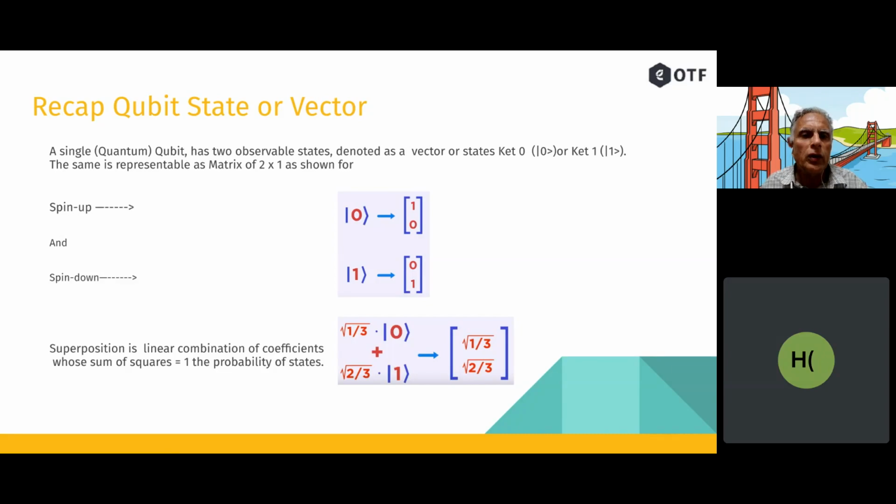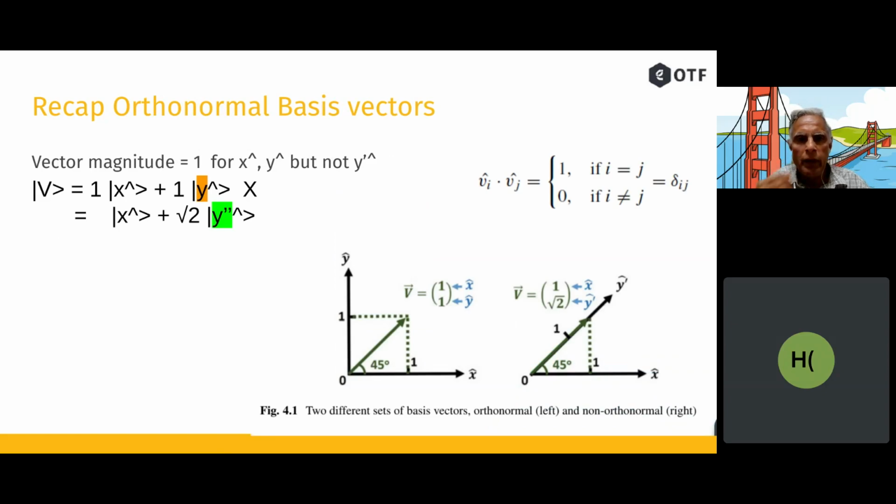So this is the recap of what the qubit is, why we study vectors, and what the state or basis of it is. We will once again look at the orthonormal and orthogonal bases. A vector v, as shown in figure 4-1, is on a basis of x and y, that is x cap and y cap are the two axes, and the vector representation of x cap.